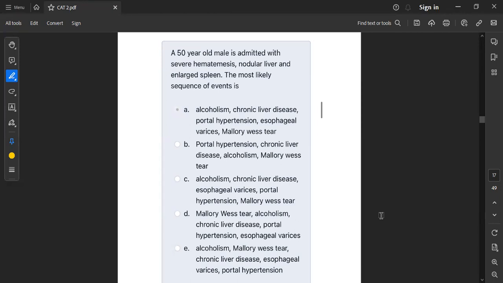Alcohol leads to cirrhosis. And we've said that compensated cirrhosis will lead to end-stage liver failure. So that is part of the spectrum of chronic liver diseases. Now, when you have chronic end-stage liver failure, it is characterized by the collapse of the architecture of the liver.